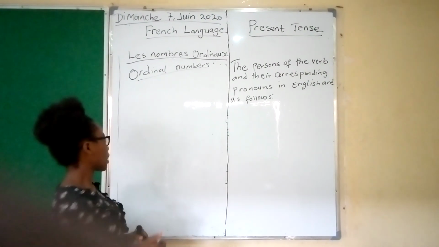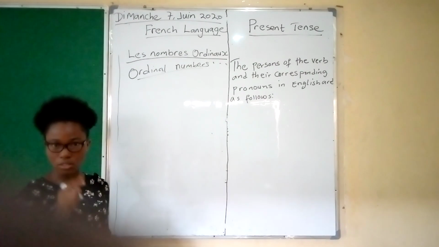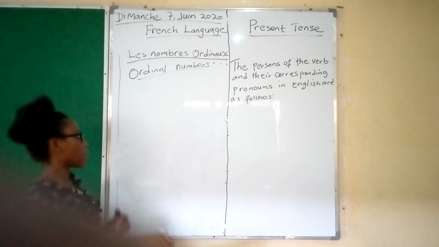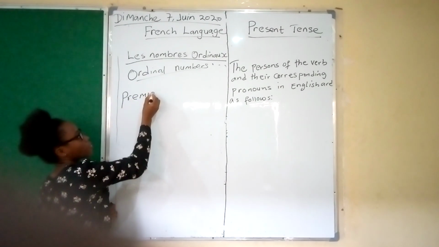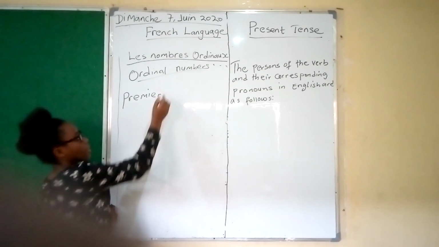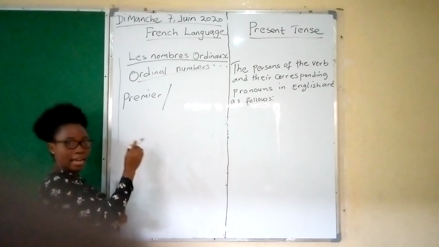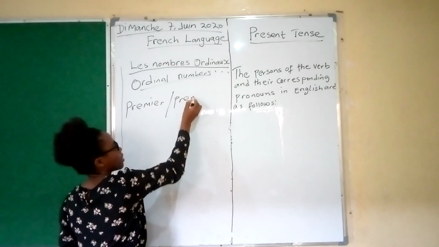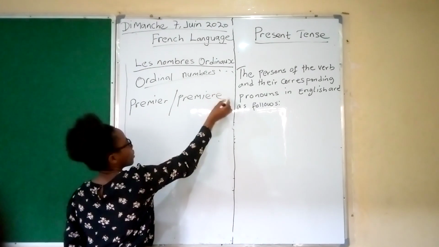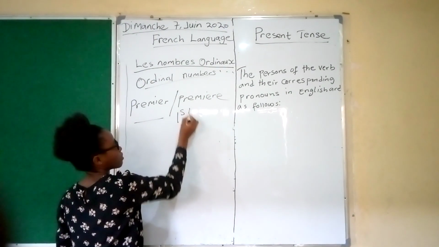Let's take for instance, first is premier in French. This is for masculine. If it's a feminine object you're referring to, you add e to it. That is first.